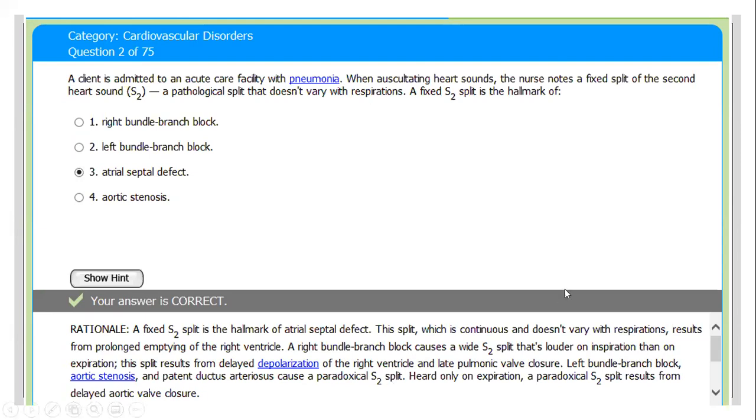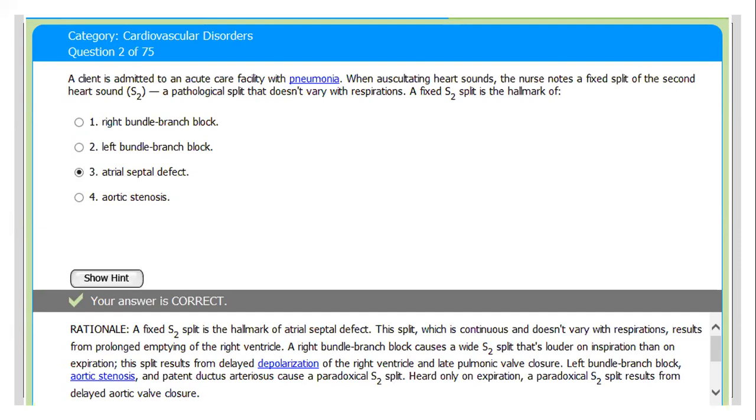It is heard only on expiration. A paradoxical S2 split results from delayed aortic valve closure.